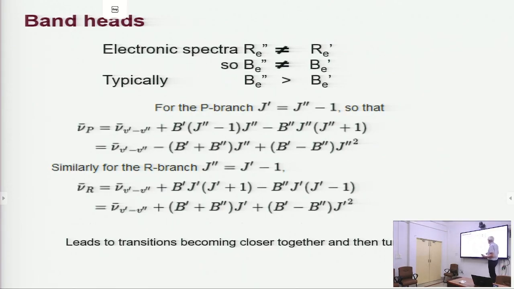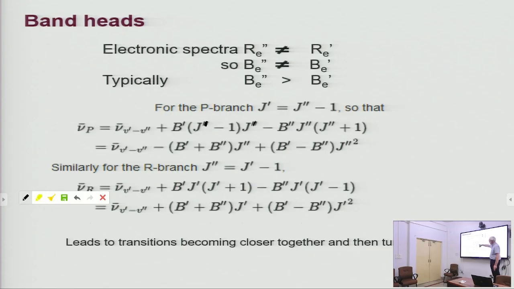And these expressions for the two rotations, and I'm just looking at this and thinking I've got some primes wrong here. Those must be single primes. So that you've got this change, and then I've rearranged it using the fact that J prime is J double prime minus 1 for a P branch.